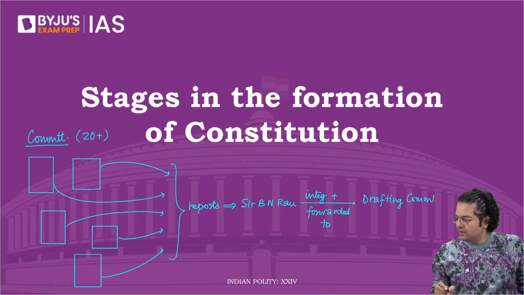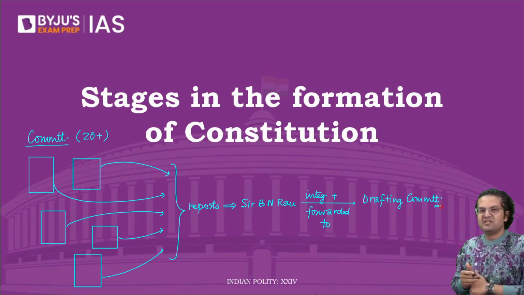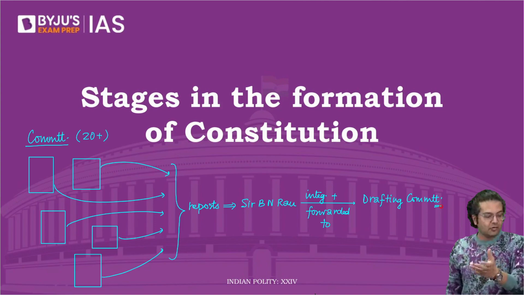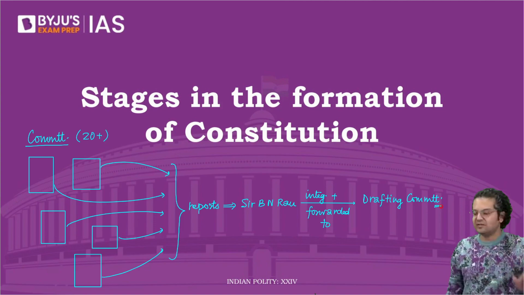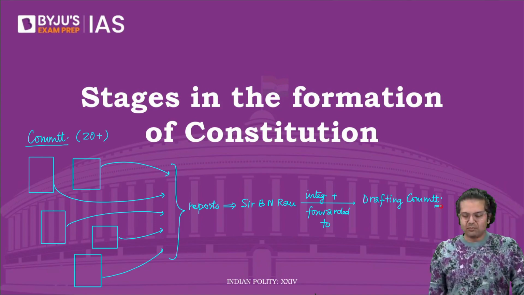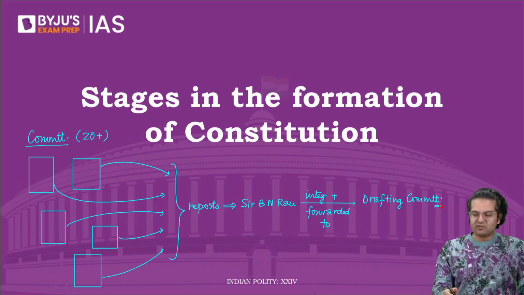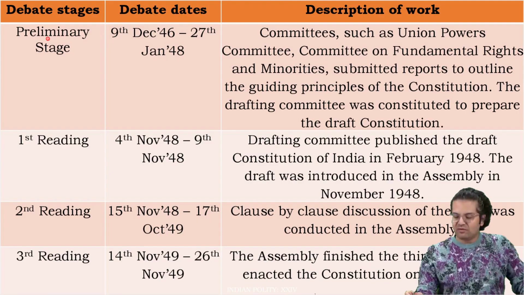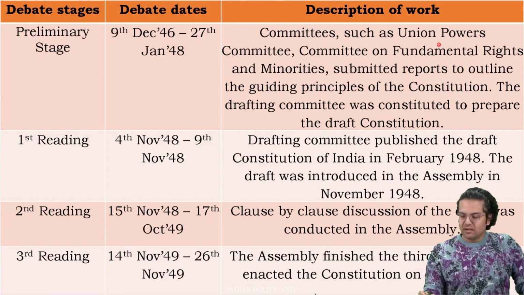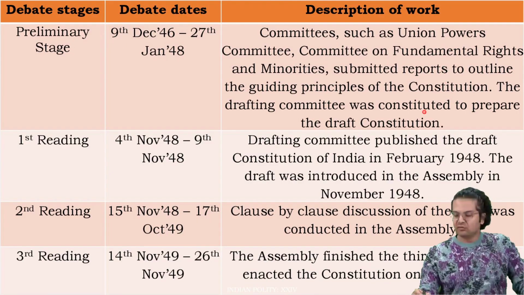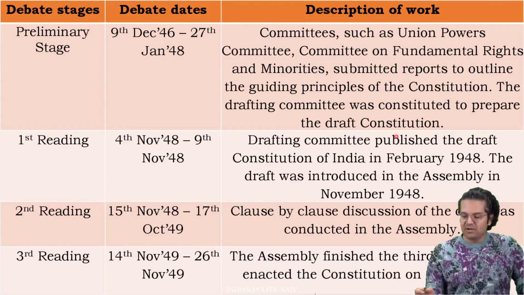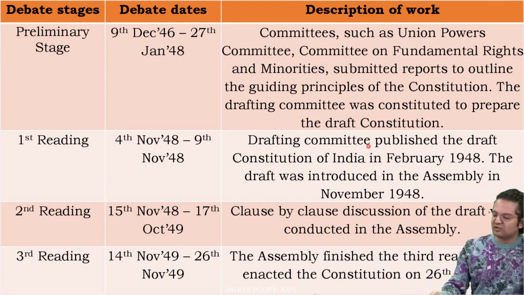The drafting committee was the one which actually tabled the first bill, the draft constitution bill, in the assembly. Based on that bill, the discussions took place. So in the preliminary stage, committees were formed. They gave this to the drafting committee, which was created to prepare the draft constitution. The drafting committee published the draft, then clause by clause discussion.